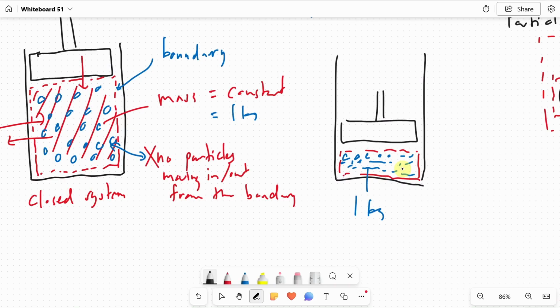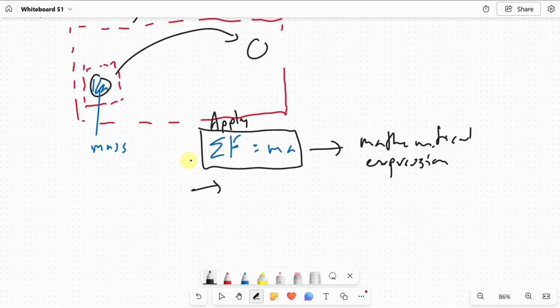The point is to apply a physical law to a system in order to get a mathematical expression that expresses how this system behaves, how the particles or one particle in the system behaves. That is the purpose of us going through this process. And then we will use this mathematical expression to solve our problem.